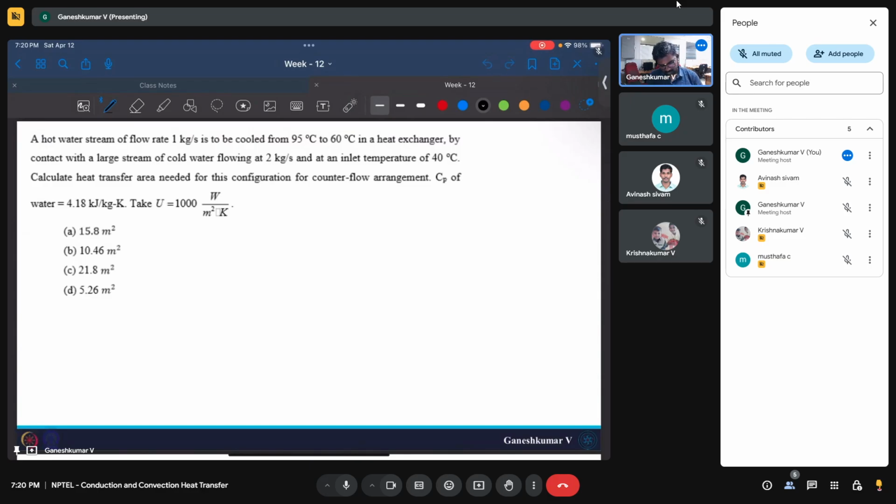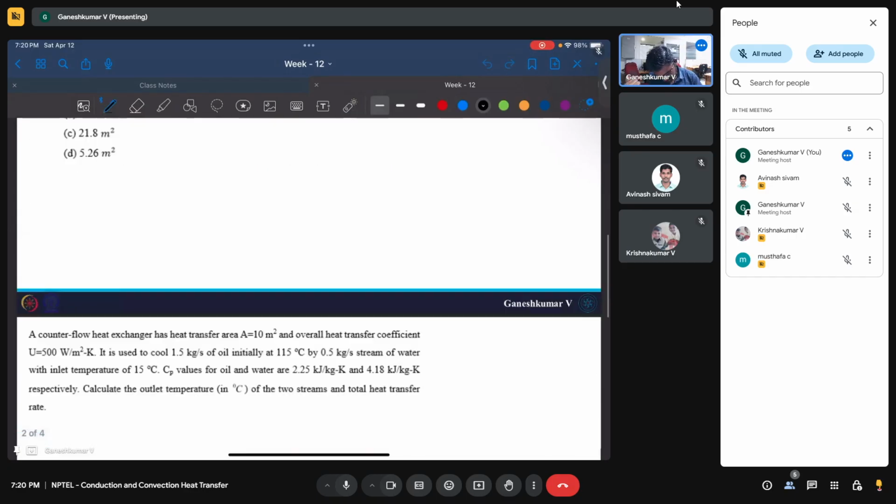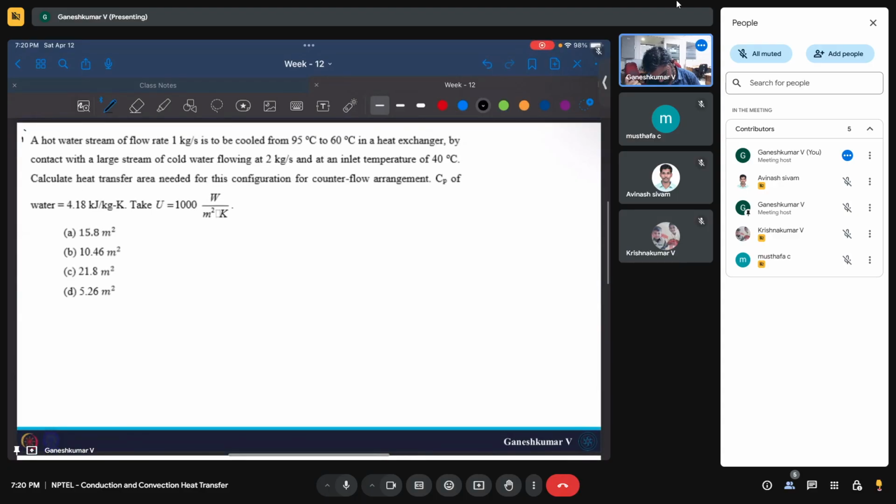Okay. So the first problem goes like this: a hot water stream of flow rate 1 kg per second is to be cooled from 95 to 60 degrees Celsius in a heat exchanger by contact with a large stream of cold water flowing at 2 kilograms per second at an inlet temperature of 40 degrees Celsius.